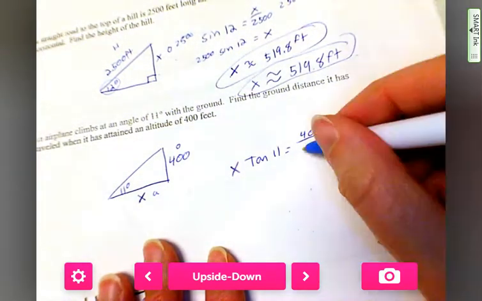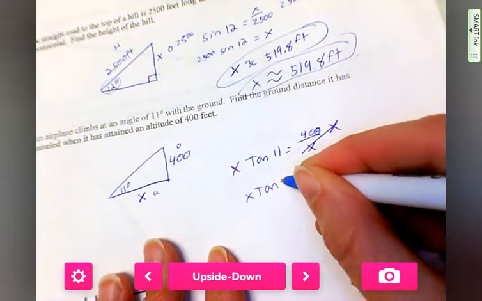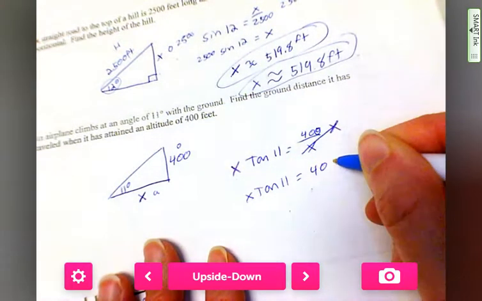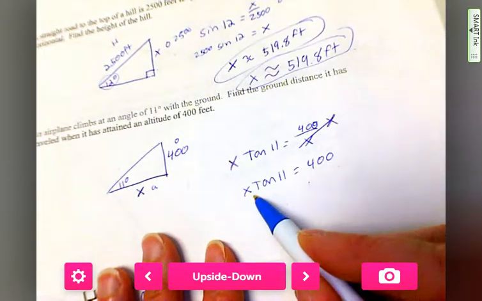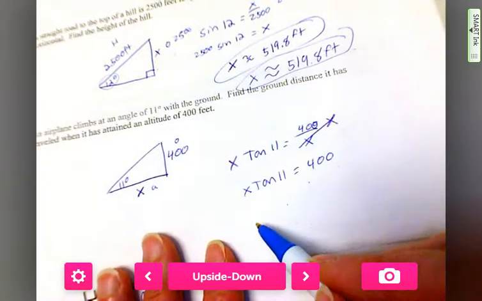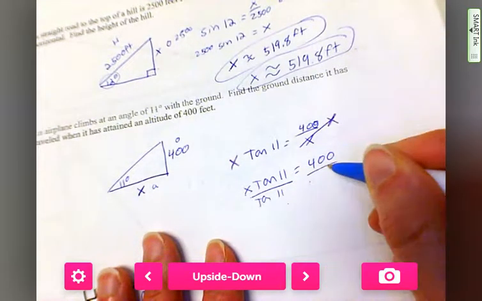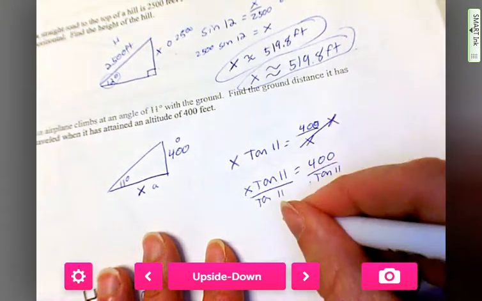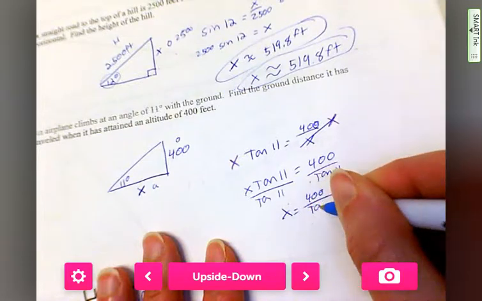This gives me 1, so it cancels out. x tan 11 equals 400. x and tan of 11 are being multiplied, so I divide. So I get x equals 400 divided by tan of 11.